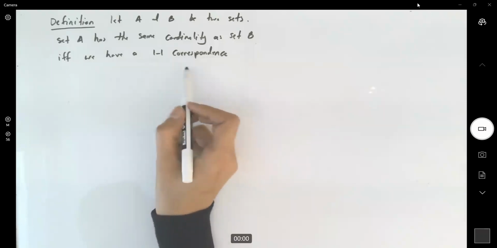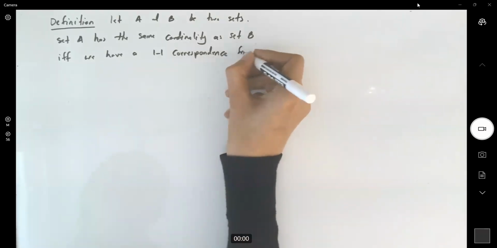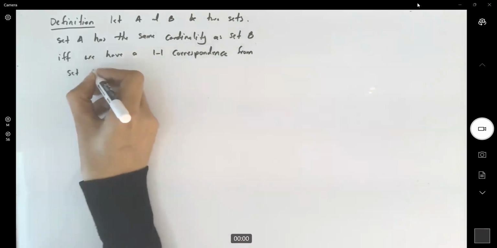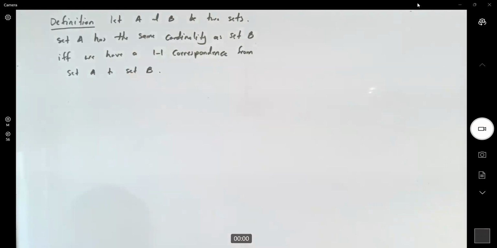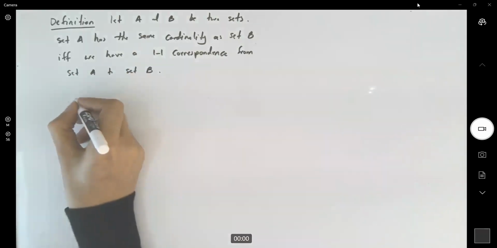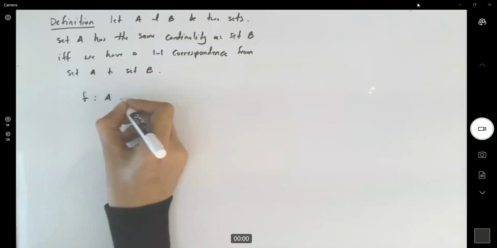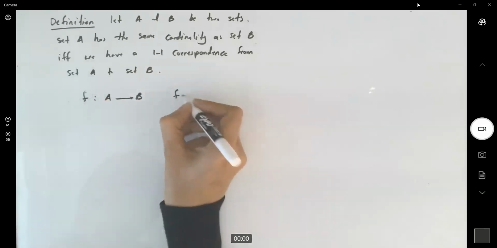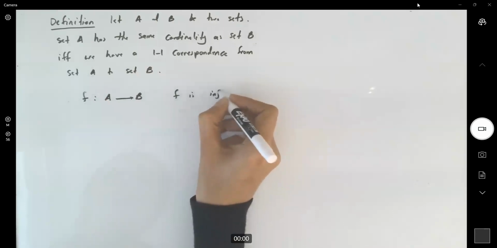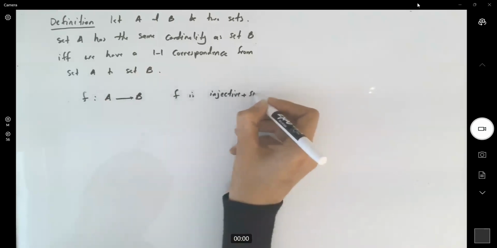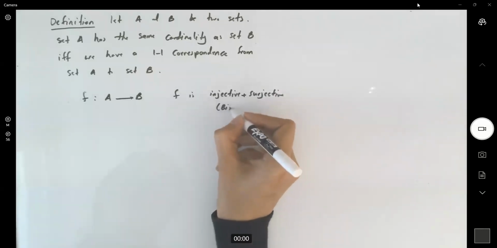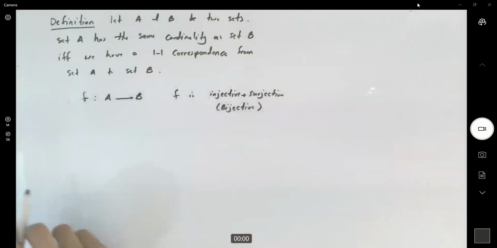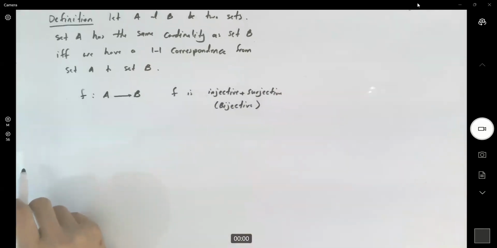You have a one-to-one correspondence from set A to set B. So if you can find a function f that maps A to B and f is injective and surjective, or if you have a bijective function, then we say that the cardinality of A is equal to the cardinality of B.